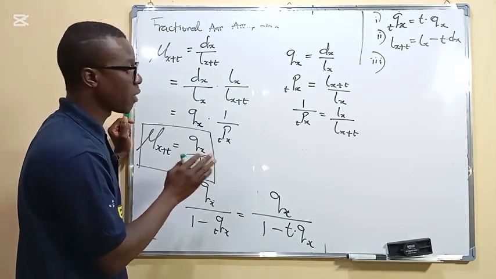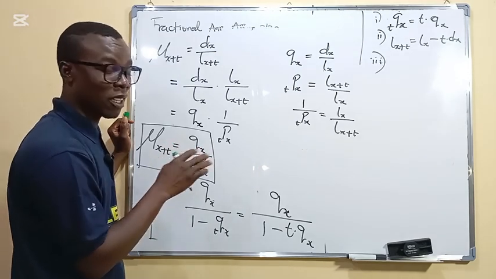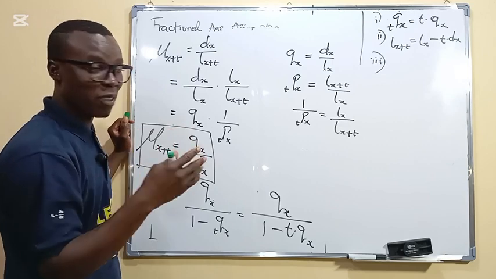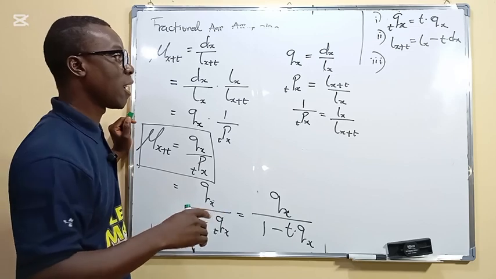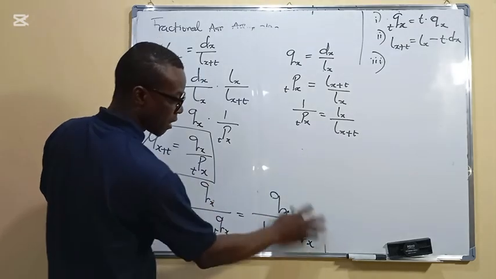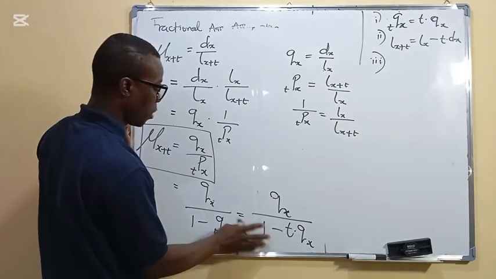Again, as I say, these ideas are gotten strictly from Actuarial Mathematics for Life Contingencies, that's Dickson et al. Now this is a very important formula that we have.